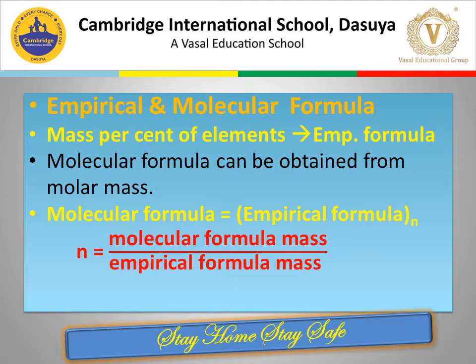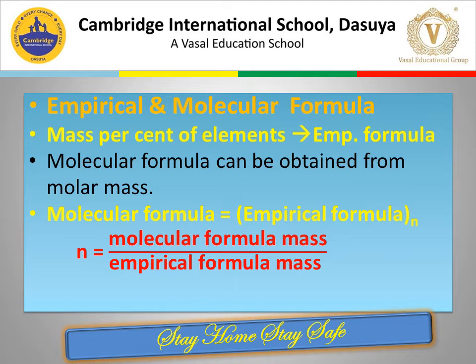The relationship is: molecular formula is equal to n times the empirical formula, because the empirical formula is the simple whole number ratio of the different elements present in a given compound. If we multiply it by n, we get the molecular formula, which gives the actual number of the different atoms present in a given molecule, where n can take up the value 1, 2, 3, 4, anything. And how do we find out this n?